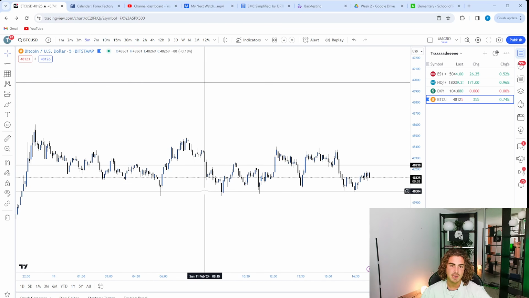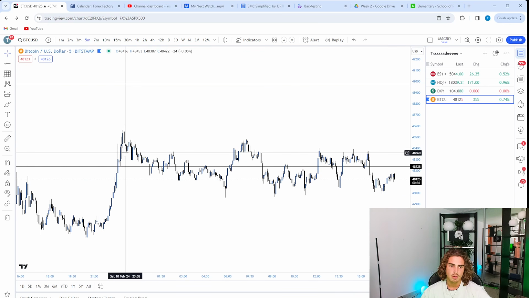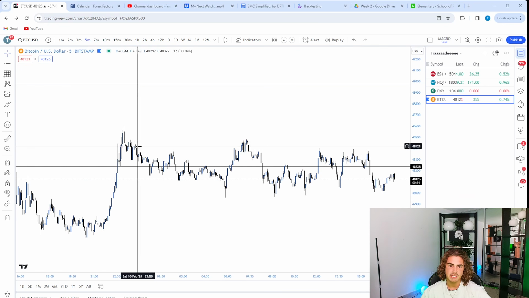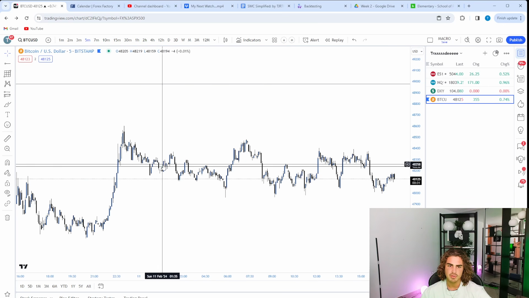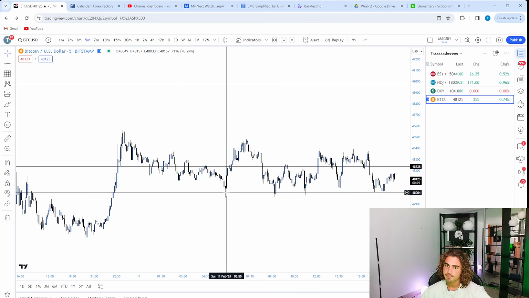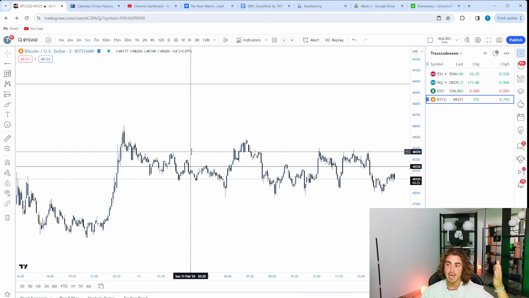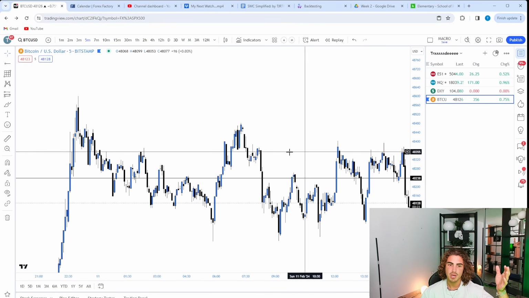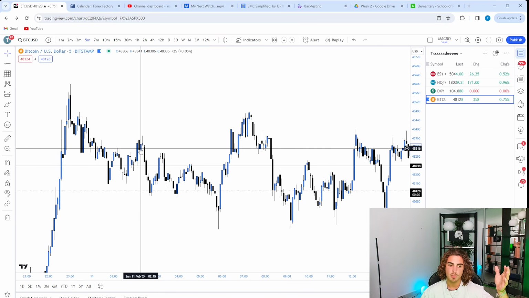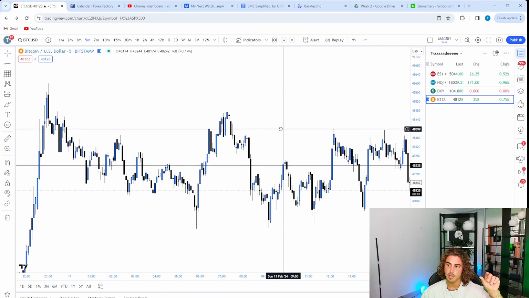Versus if we go on the 5-minute time frame, we'll see, oh, we can see price moving up, moving down, moving up, moving down, all the way down to here. Still showing the same price action, still showing exactly where price went, but now we're able to show where price went just in smaller periods of time.